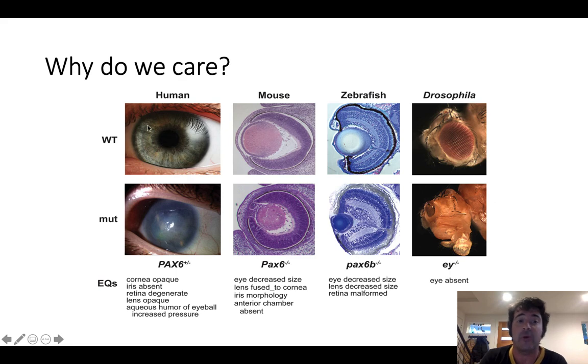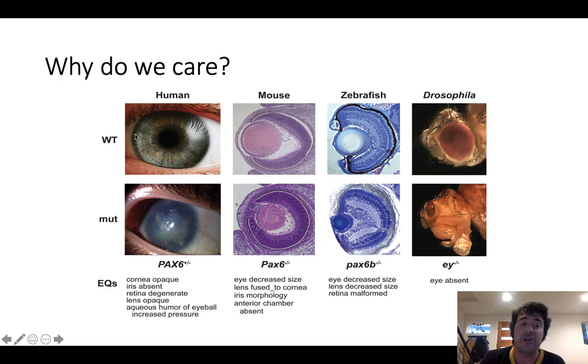The PAX6 protein guides the development of the eye. It does so in humans. It's what's called a conserved trait in mice and zebrafish and Drosophila flies. So one, that kind of reeks of origins, but two, that's a conserved trait. You see that gene across the board and it guides the development of the eye.